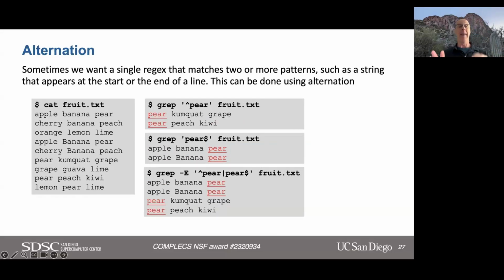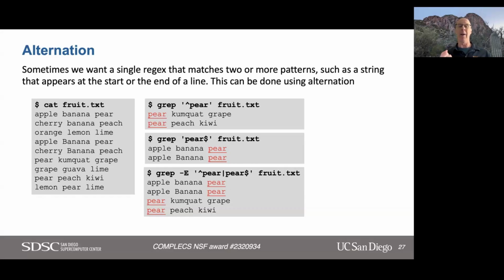All right, next feature is something called alternation. Sometimes we want a single regex that matches 2 or more patterns, such as a string that appears at the start or the end of the line. And we've seen alternation already when we looked at alternatives to using the full set of quantifiers. So we just saw examples with anchors.